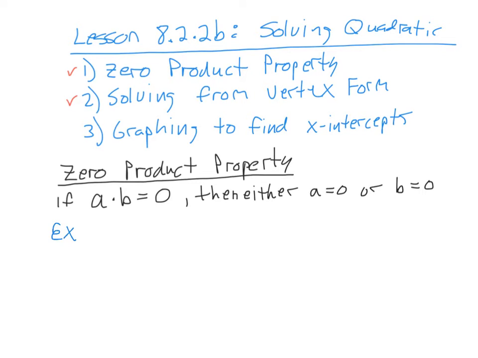So the example I'm going to put up here is the following. Let's say I factored a quadratic, and when I did, I ended up with (x + 4)(x − 9). Okay, so that's factored form. You can see that my leading coefficient is 1, not that I need to worry about that.